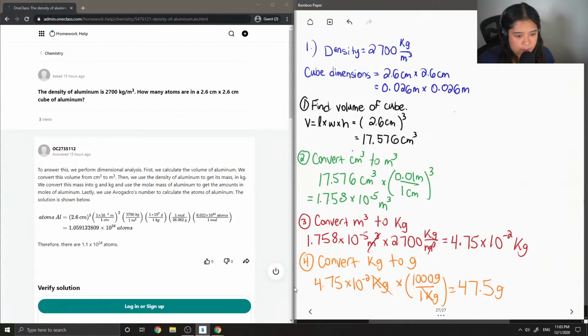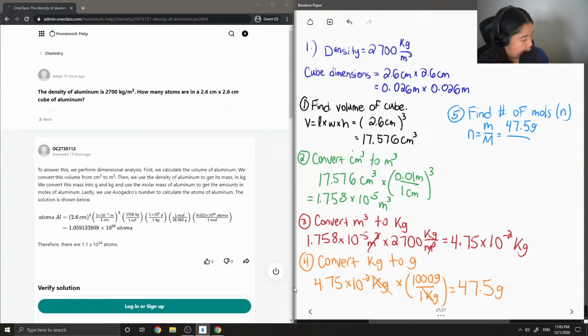So step 5 is to find the number of moles. Let's recall that number of moles is equal to mass over molar mass. The mass is what we found in the previous step, which is 47.5 grams.